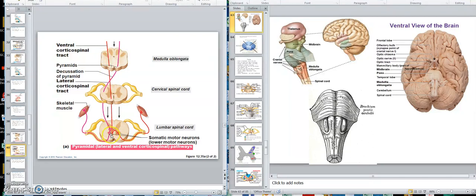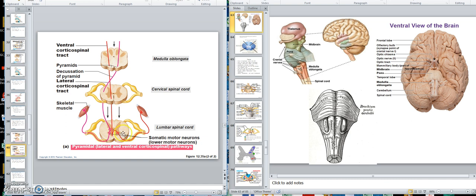And then I'm going to decussate right here. See, here would be the pyramids there. That's the pyramids, the front. I'm going to come down and I'm going to decussate. That's the ventral corticospinal tract. Ventral corticospinal tract coming down. Then it would decussate there.